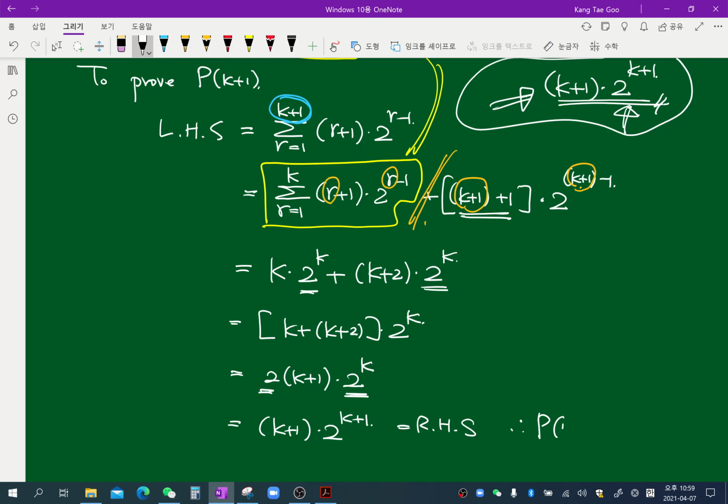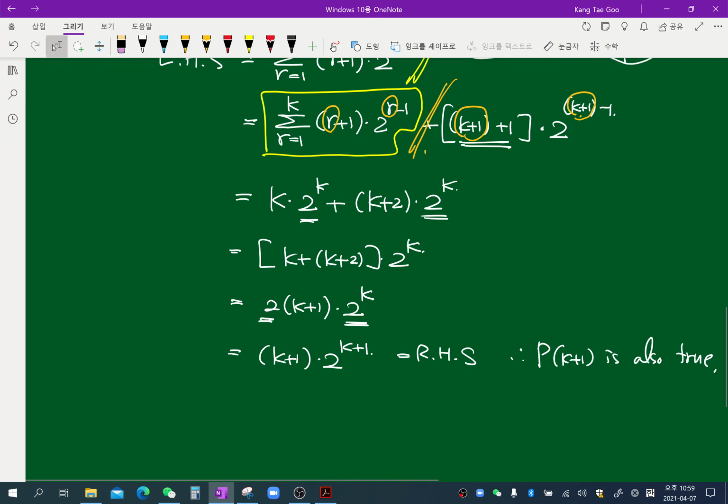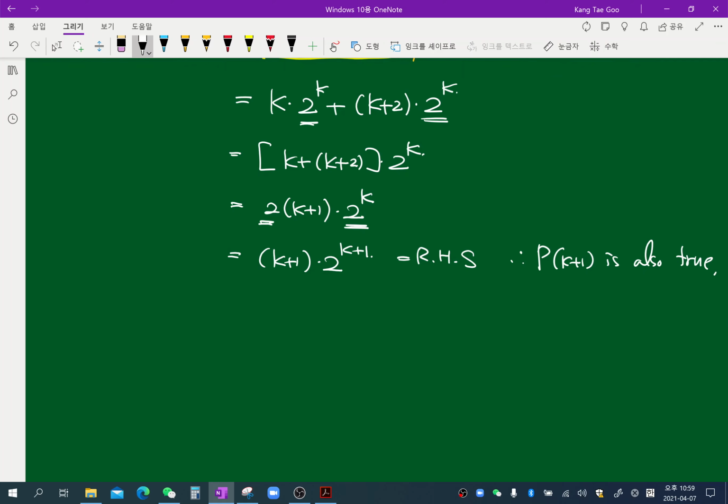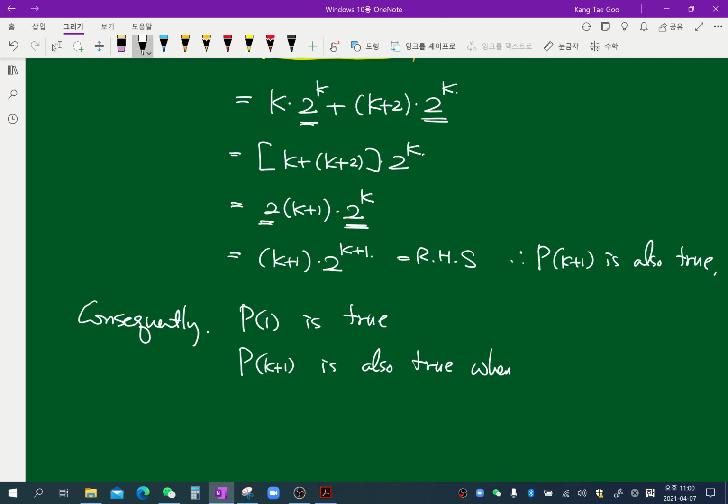That's why we can say P k plus 1 is also true. And we have proved everything. What we need to do more is make the conclusion. So we can start the conclusion like this. Consequently, P1 is true, and then P k plus 1 is also true whenever your P k is true.